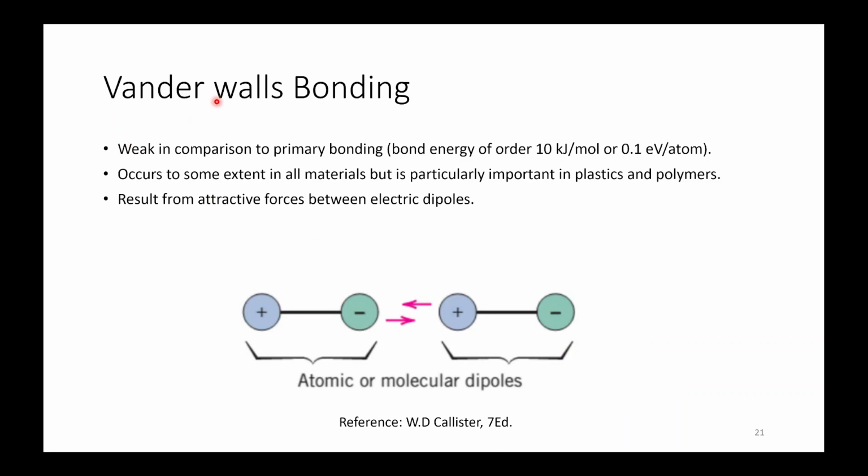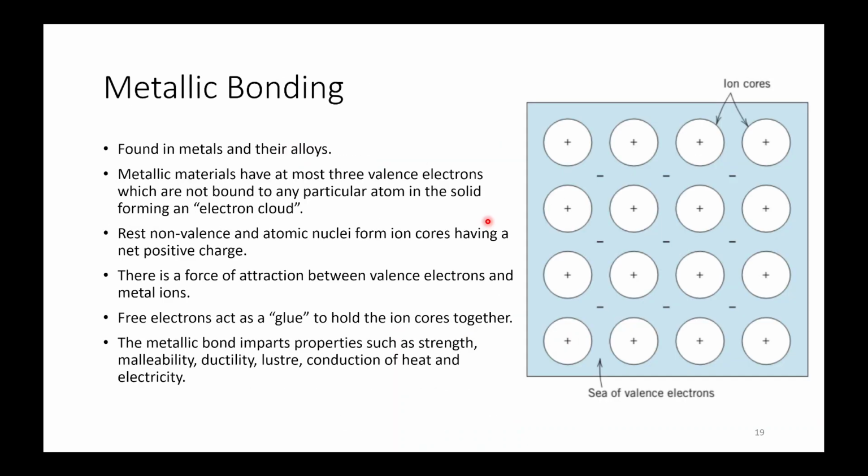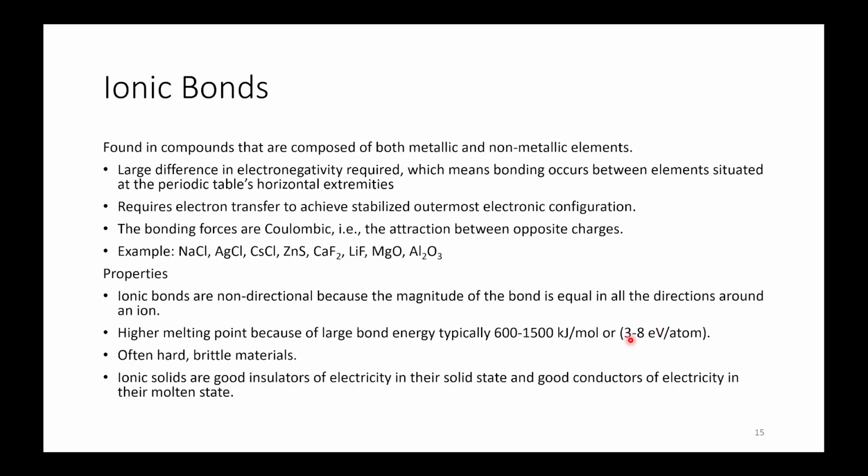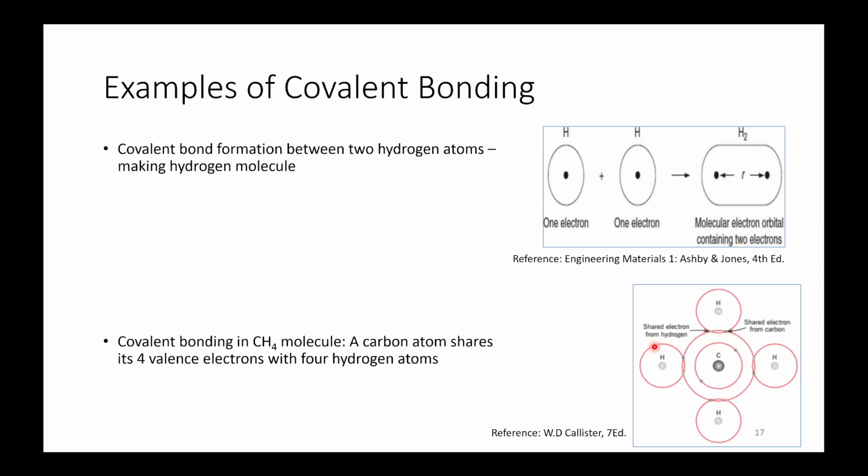Now van der Waals bonding is weak in comparison to primary bonding. Its bond energy is 0.1 electron volt, while in ionic bonding, which we saw, it is 3 to 8 electron volt per atom.